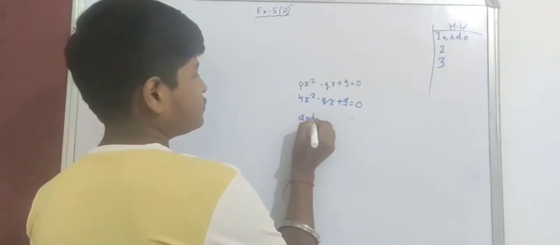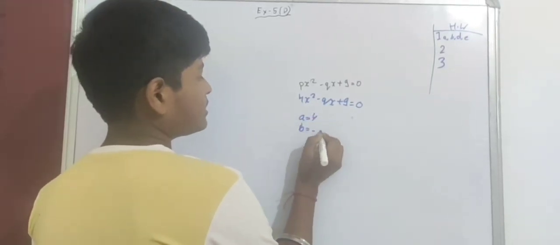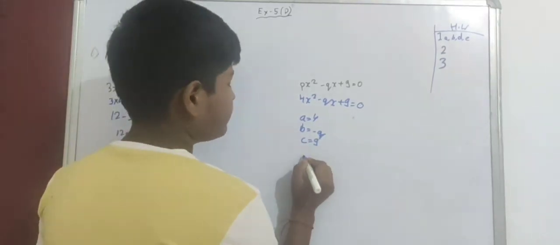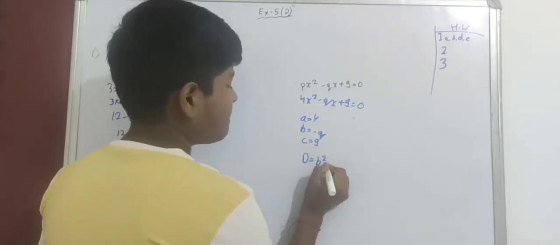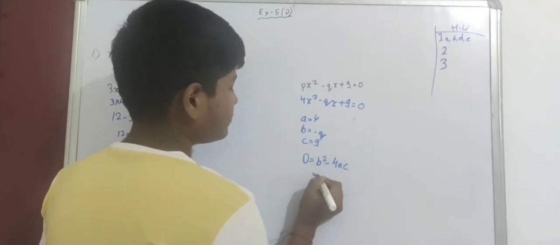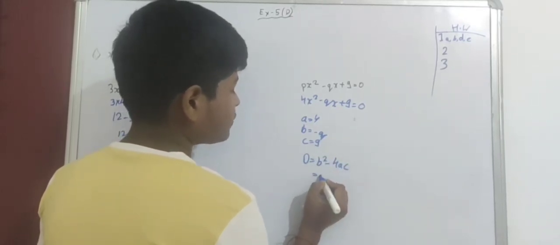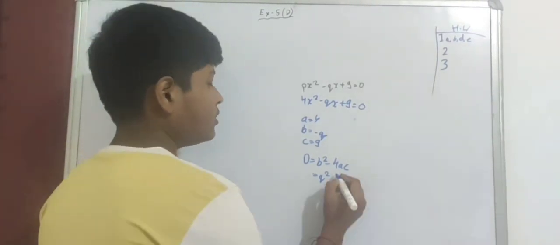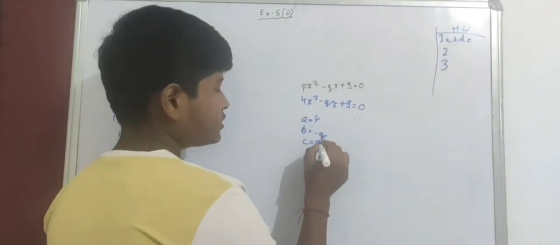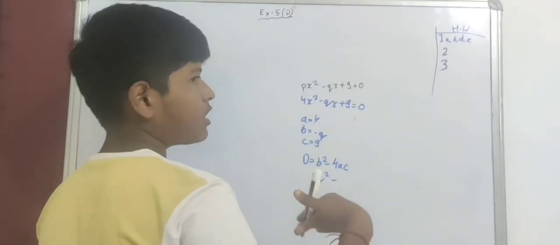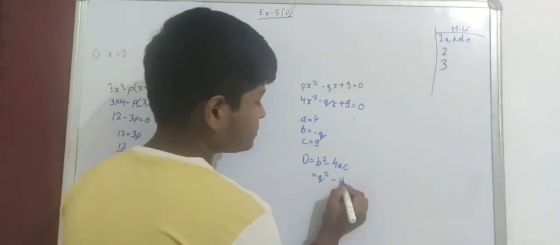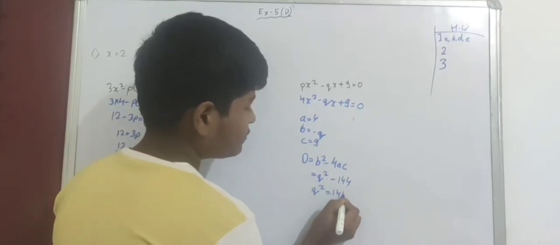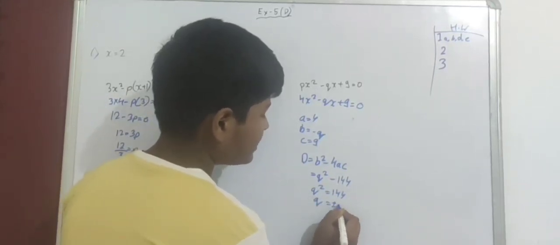Now a is equal to 4, b is equal to minus q and c is equal to 9. So now discriminant is equal to b square minus 4ac. b square is q square, it will be positive because minus is plus. Minus 4 into 4, that's 16, into 9, that's 144. So it will be q square is equal to 144, q is equal to plus minus 12 as the final answer.